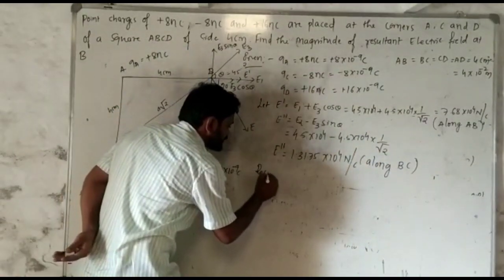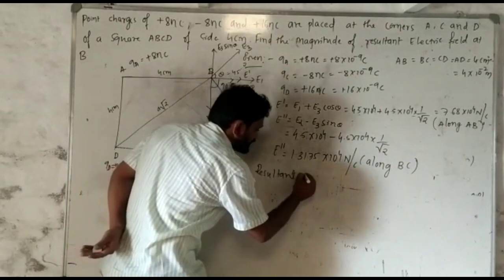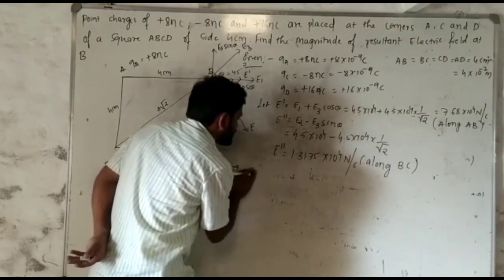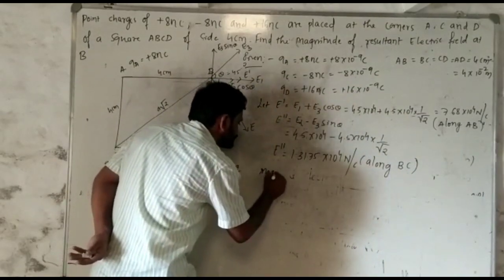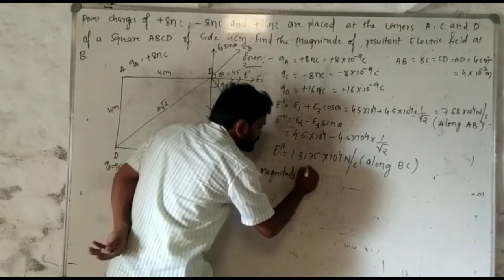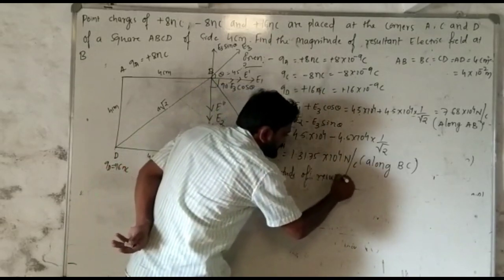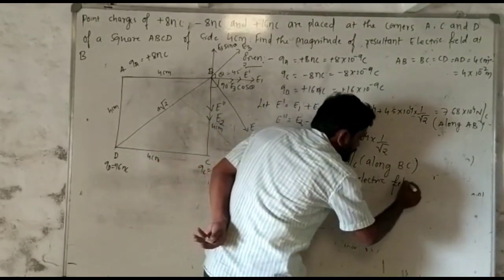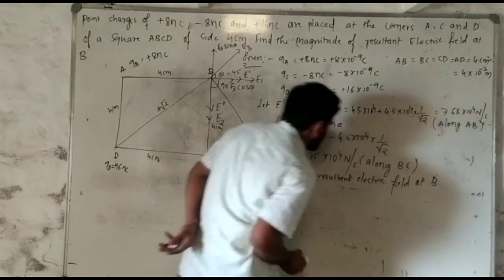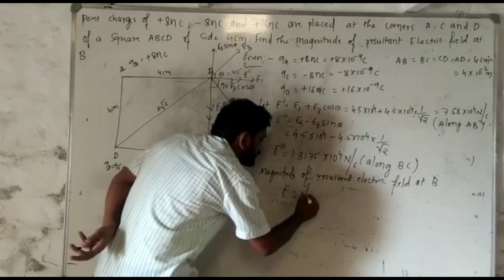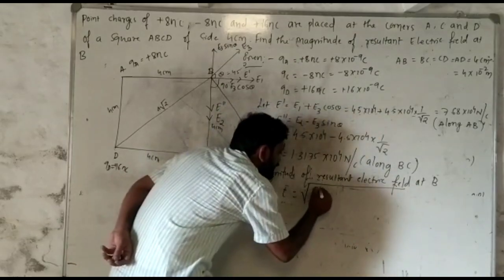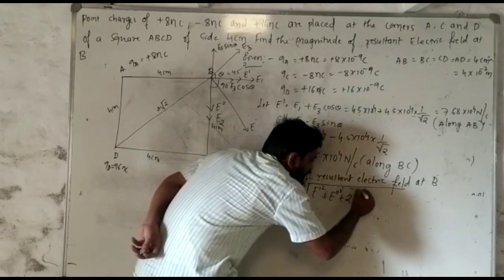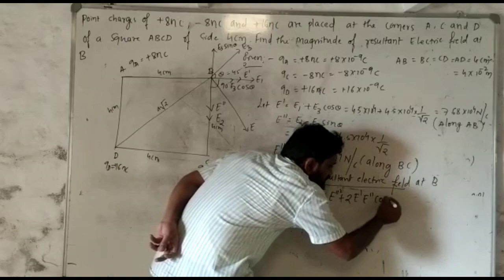Now the magnitude of the resultant electric field at B: E is equal to square root of E dash square plus E double dash square plus 2E dash E double dash cos theta.